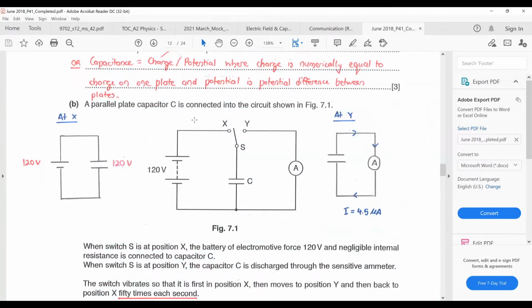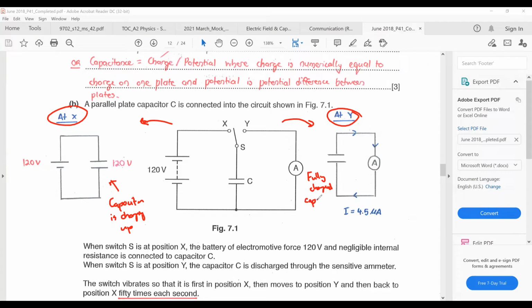You can split this circuit into 2 separate circuits, one at position X and one at position Y. When it's at position X, the capacitor is charging up. But once it's at position Y, your capacitor, now fully charged, will start to discharge through your emitter.